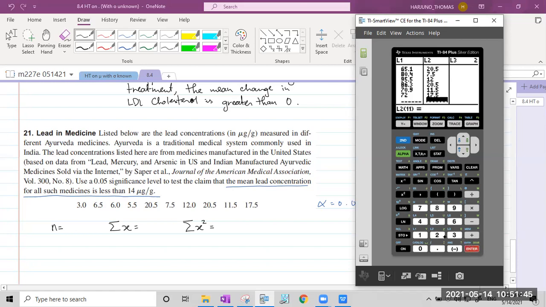Make sure I don't skip any data, and then you go to stat, calculate, one-var stats. We're working on list 2, so change that to list 2, calculate.